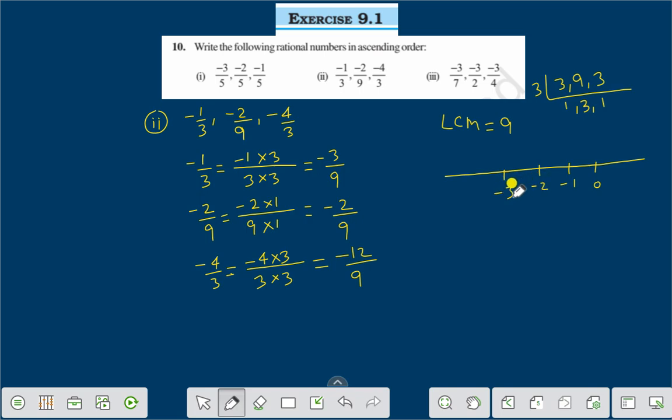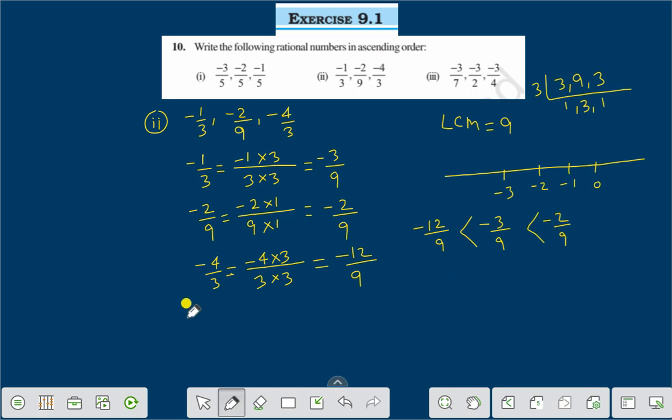In the same way, minus 12 is on the left of all these numbers, right? So, minus 12 by 9 is the least rational number. Or you can say that minus 12 by 9 is less than minus 3 by 9. And minus 3 by 9 is less than minus 2 by 9.